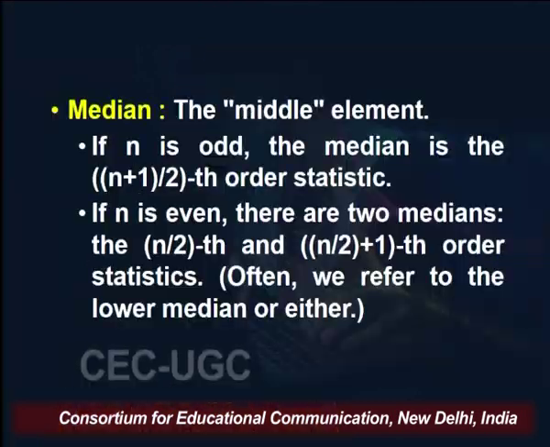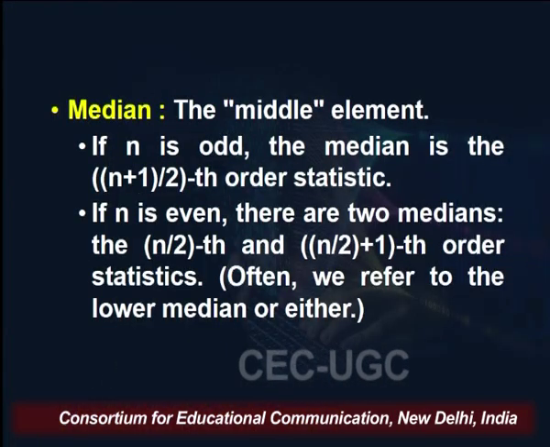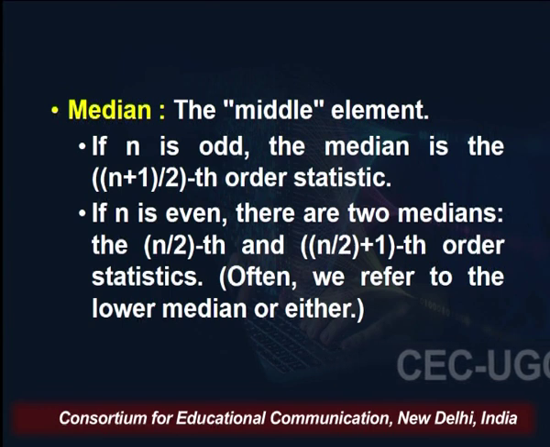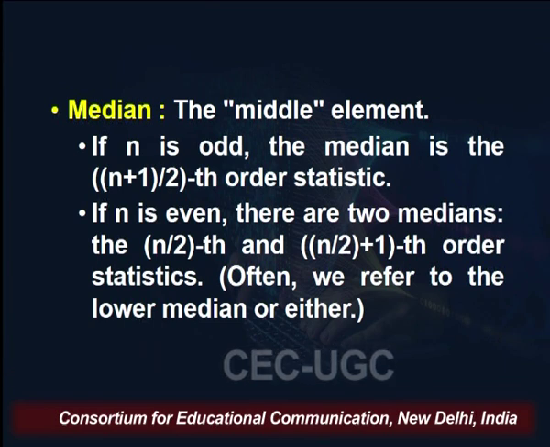If we talk about median, as I have told you, that is the middle element. Now, with n being the size of the array, if n is odd, the median will be the (n plus 1) divided by 2 order statistic. That means the middle element will be the median.